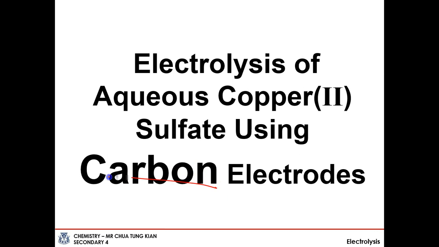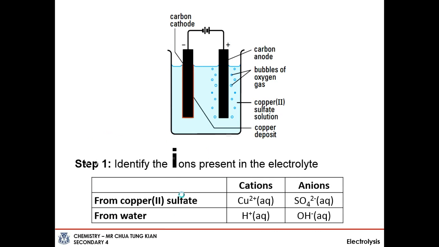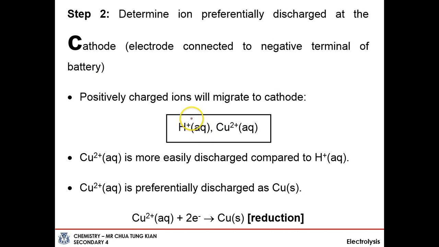So we know that carbon or graphite is an inert electrode. So in the electrolysis of copper 2 sulfate solution, CuSO4 (aq), we have Cu2+ and SO4 2-, we have H+ and OH-. At the cathode, H+ and Cu2+ migrate to the cathode. They both migrate to the cathode.